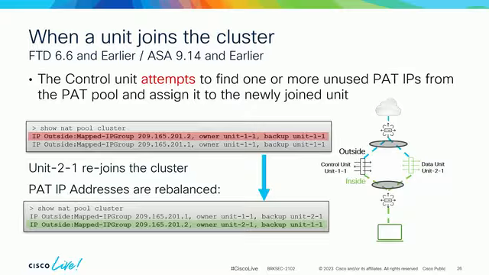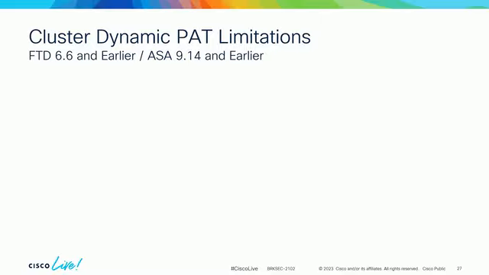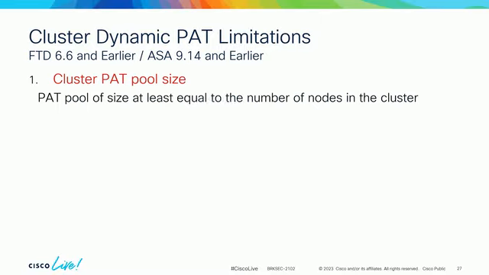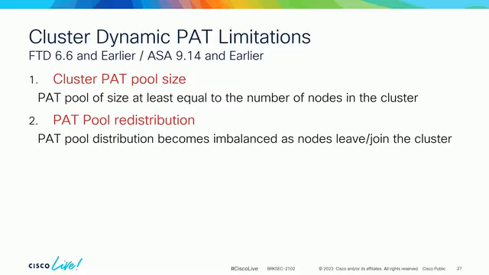So with this model of operation, we can say that we have a couple of limitations. The first one, the cluster PAT pool must be of size at least equal to the number of nodes in the cluster. Otherwise, we may impact the performance. The second one, the PAT pool distribution could become imbalanced as new units join the cluster or as units leave the cluster.